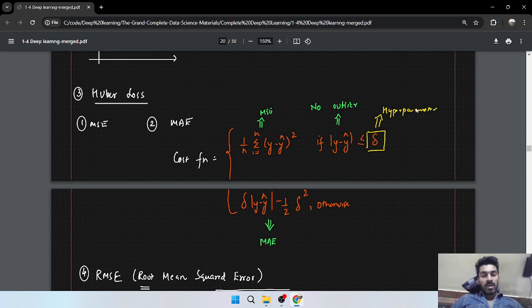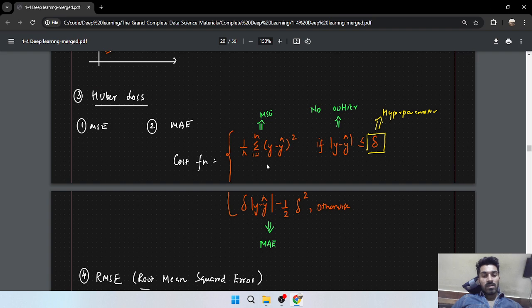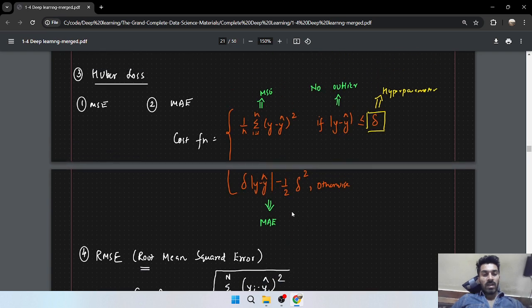We can fix it, or we fix it at the time of training the model. No outlier. Otherwise, the formula is delta times |y minus y predicted| minus 1 by 2 delta squared. This is the Huber loss basically.